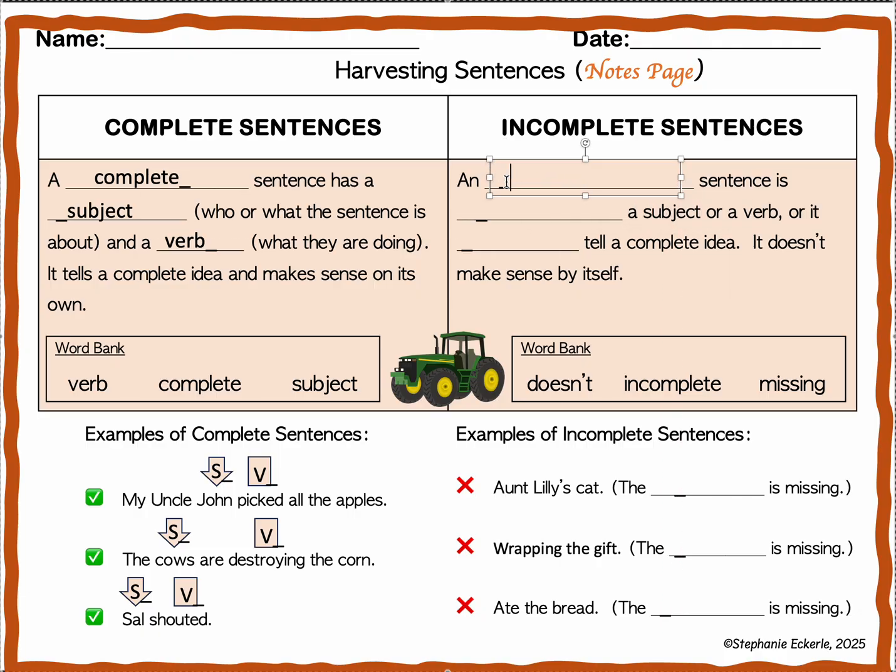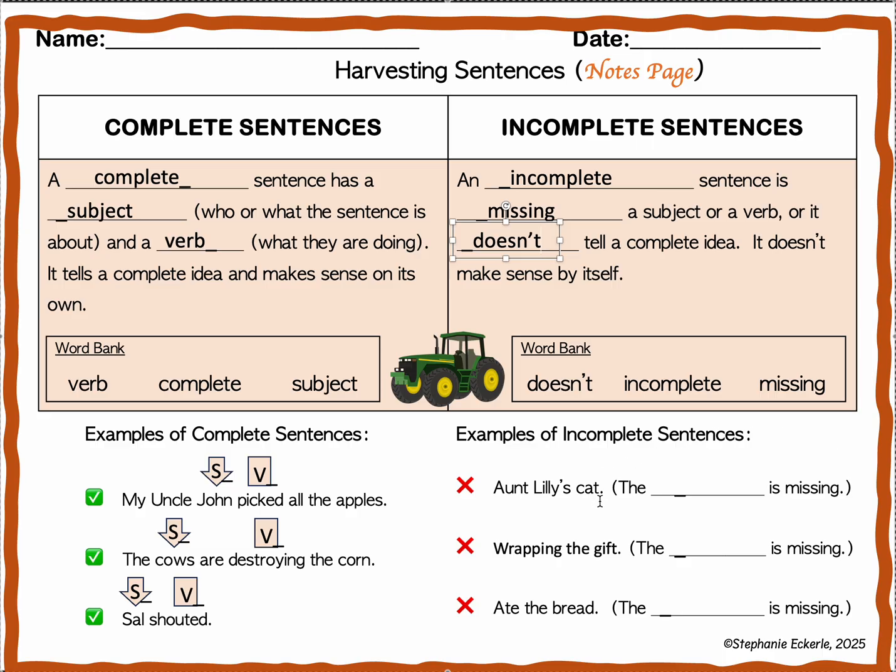Incomplete sentence is missing a subject or a verb, or it doesn't tell a complete idea. It doesn't make sense by itself. Let's look at some examples of incomplete sentences.